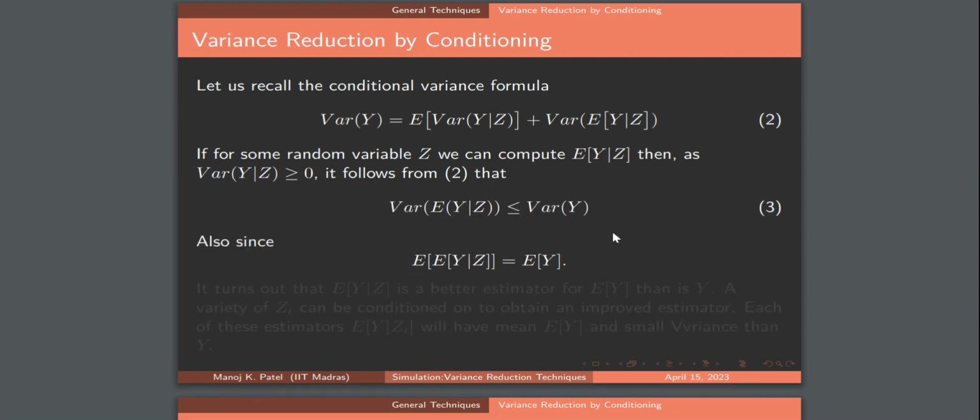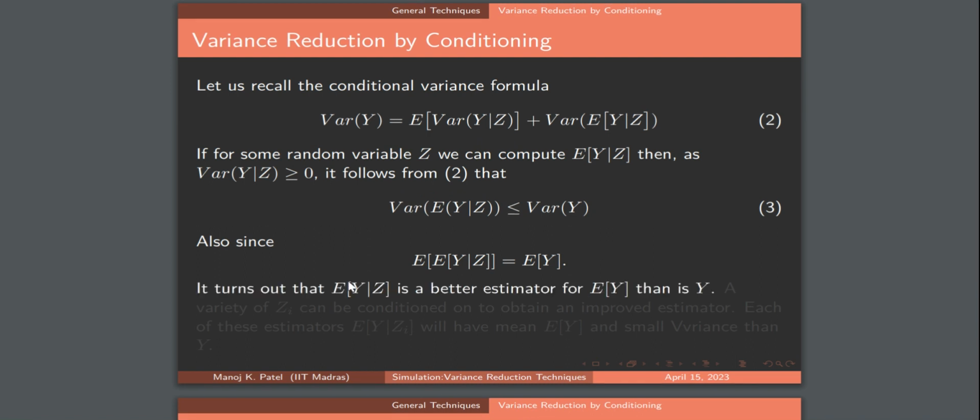So instead of using Y as the estimator, we will use the expectation of Y given Z as the estimator of the expectation of Y, because the expected value of the expectation of Y given Z is just the expectation of Y, and the variance of this estimator is less than the variance of Y. So in this way we can use conditioning.